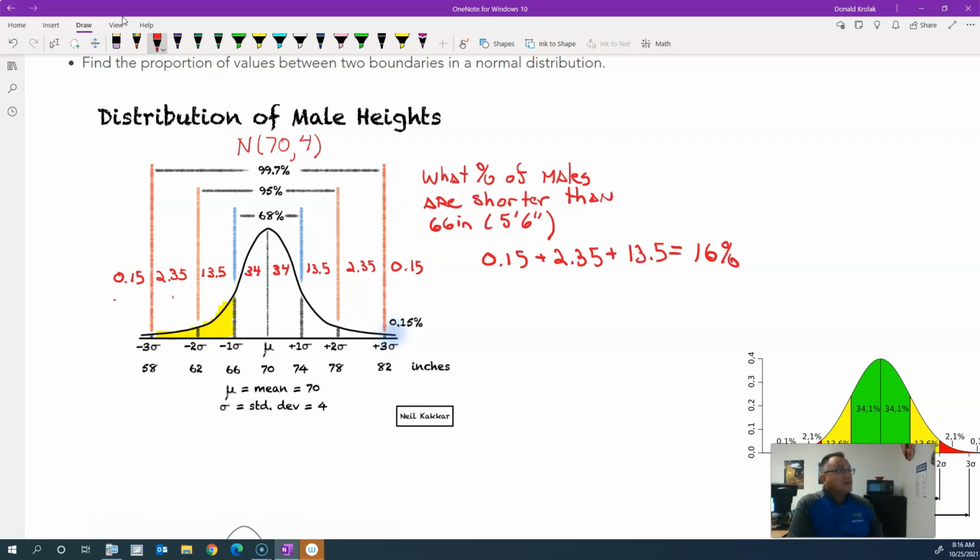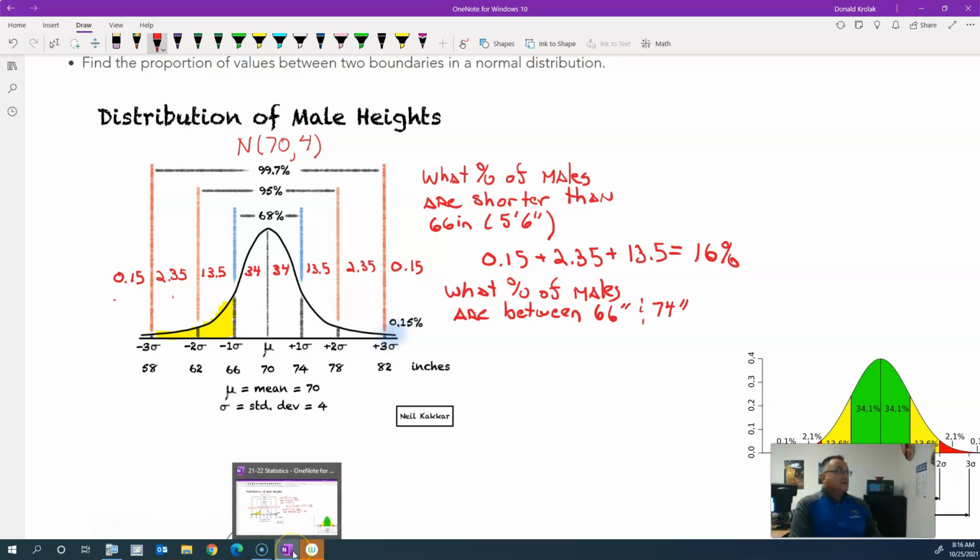If the question was, what percent of males are between 66 and 74 inches, well, that would be this area.